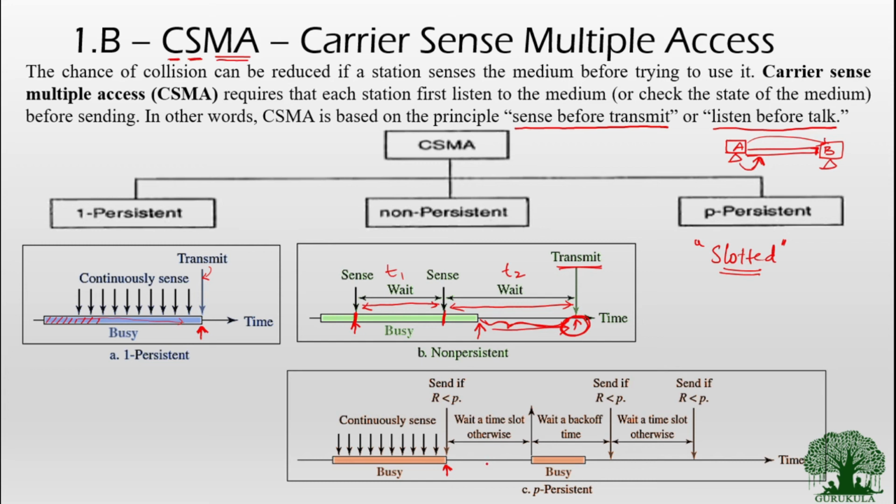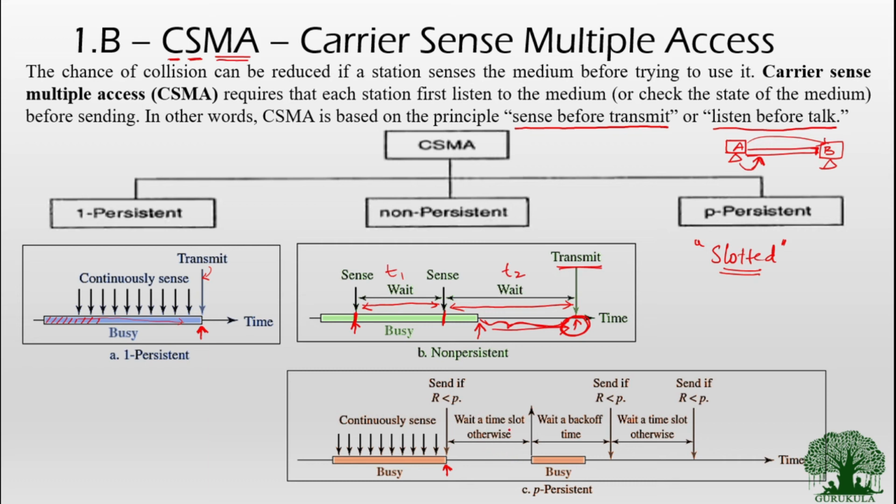Even though a station has frames to transmit and the channel is free, the station still cannot transmit. It should wait until the slot of that particular station comes. So that is what we call the p-persistent method.